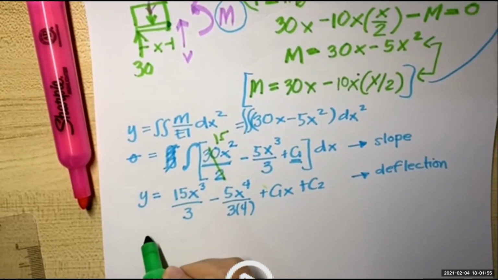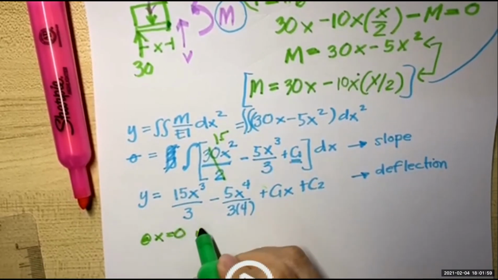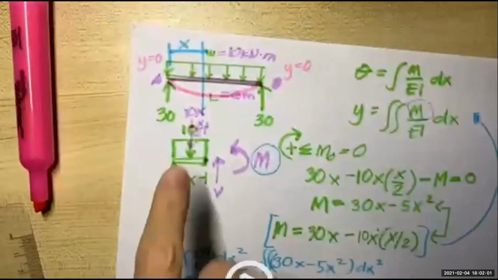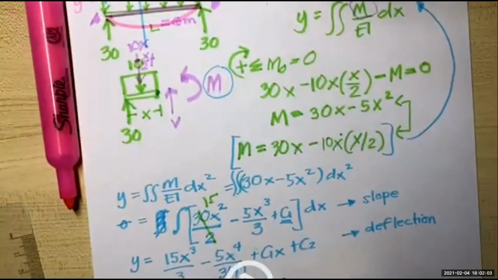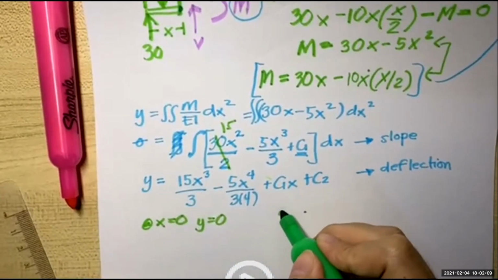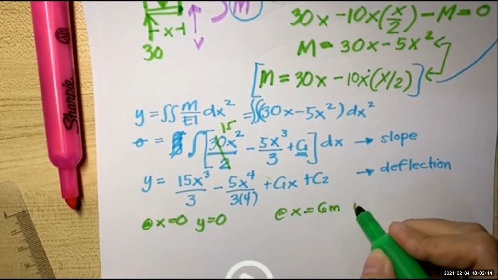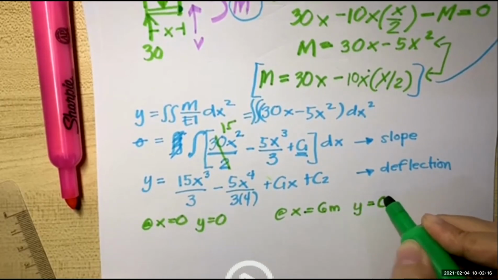So gagamitin natin siya, no? So at x is equal to 0, y is equal to 0. Kasi nga, at this point, 0. Tapos yung isa pang condition is, at x is equal to, yung sa dulo is 6 meters, ang y mo is equal to 0 din.